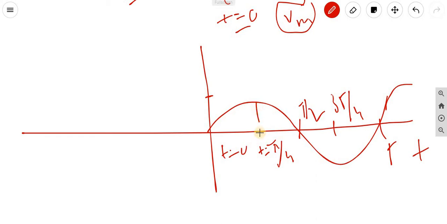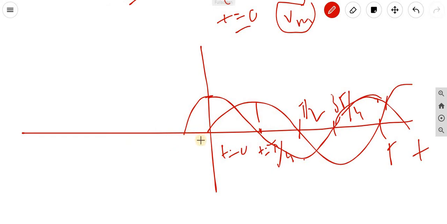But at this point it will be the minimum. In this way we get maximum, minimum, maximum, and maximum.